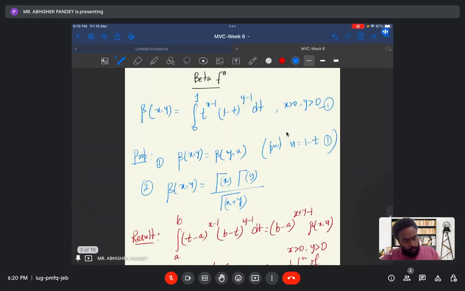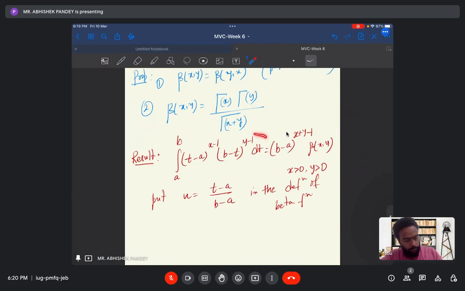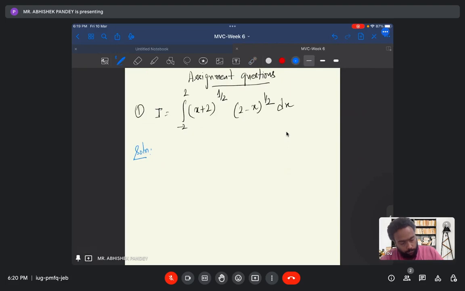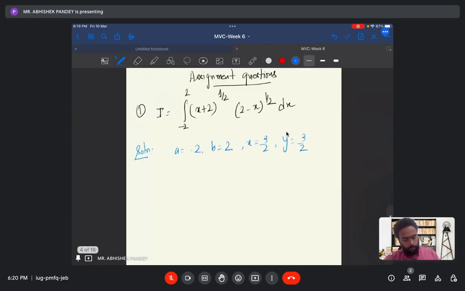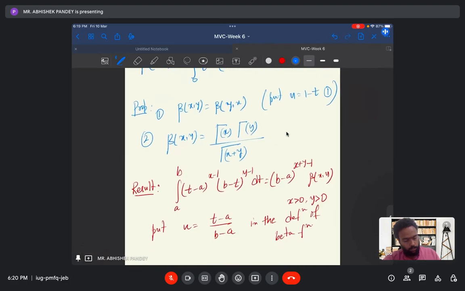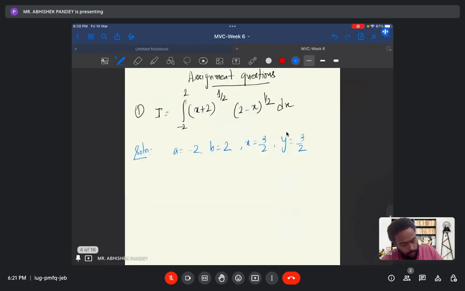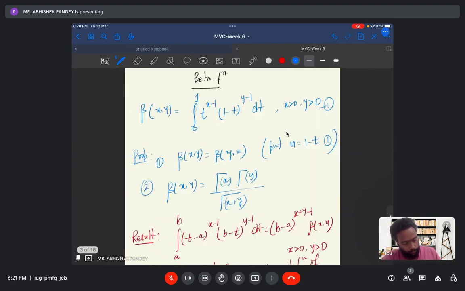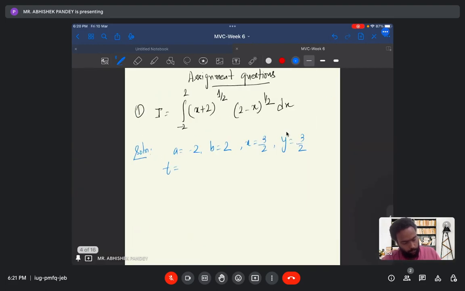If you compare this with the result, here a is minus 2, b is 2, your x is 3 by 2 and your y is again 3 by 2, and t is basically x here.